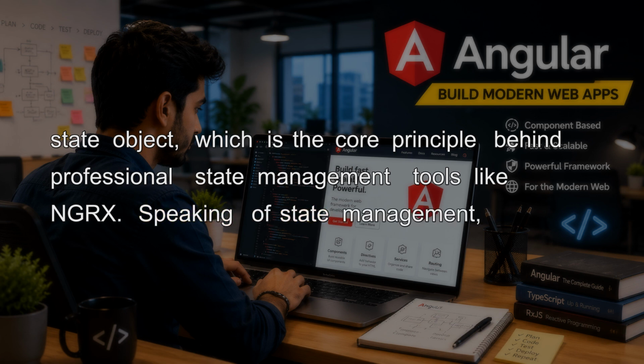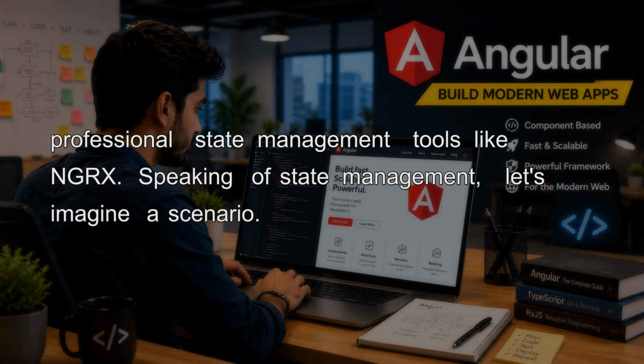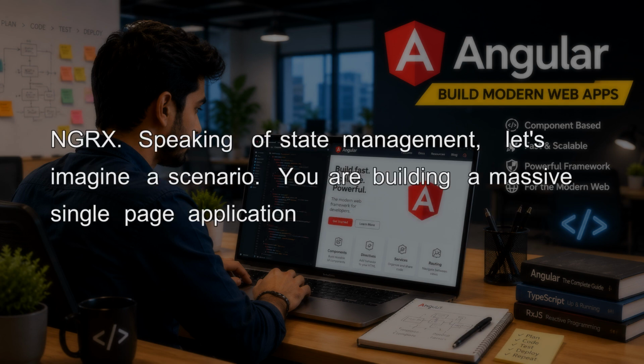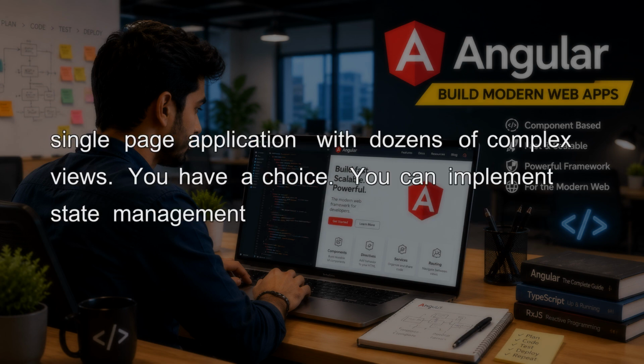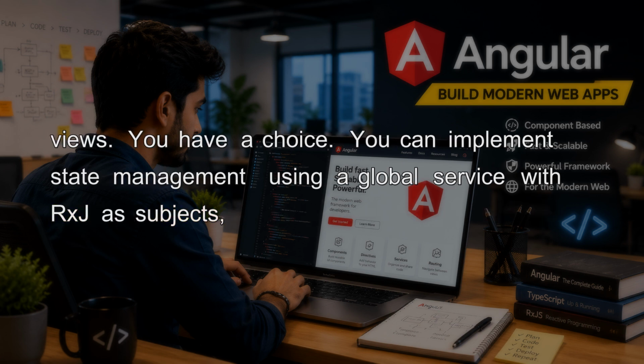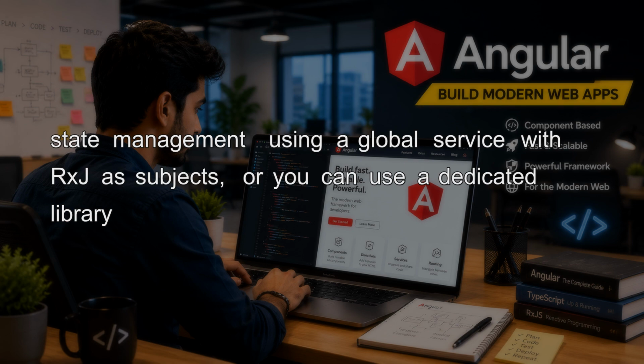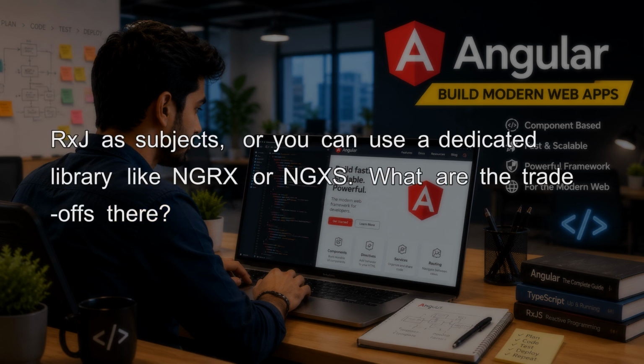Speaking of state management, let's imagine a scenario. You are building a massive single-page application with dozens of complex views. You have a choice. You can implement state management using a global service with RxJS subjects, or you can use a dedicated library like ngRx or NGXS. What are the trade-offs there?